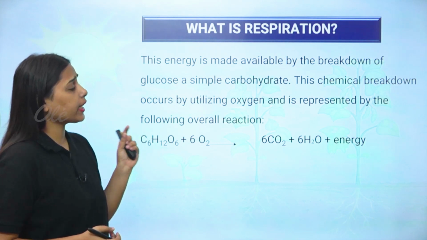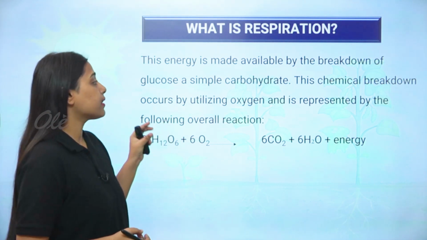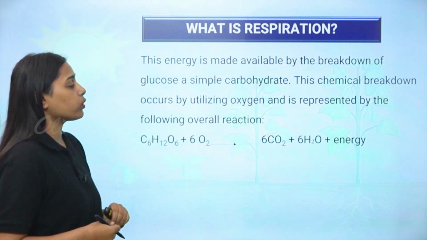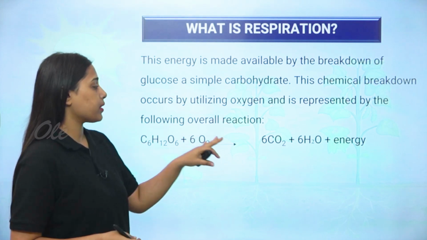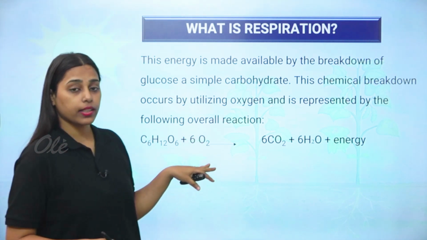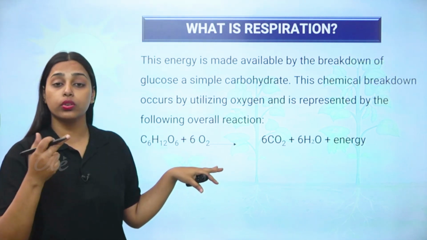The energy is made available by the breakdown of glucose, that is the food, as a simple carbohydrate. This chemical breakdown occurs by utilizing oxygen and is represented by this overall equation. So the glucose formula is C6H12O6, and when it comes in contact with oxygen, that oxygen comes through respiration.